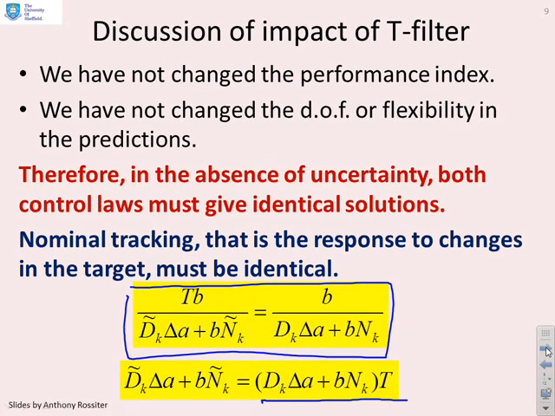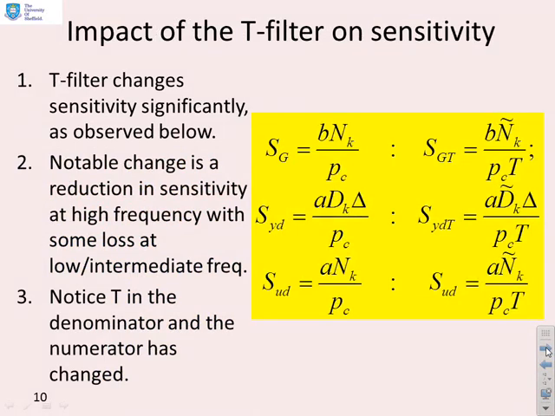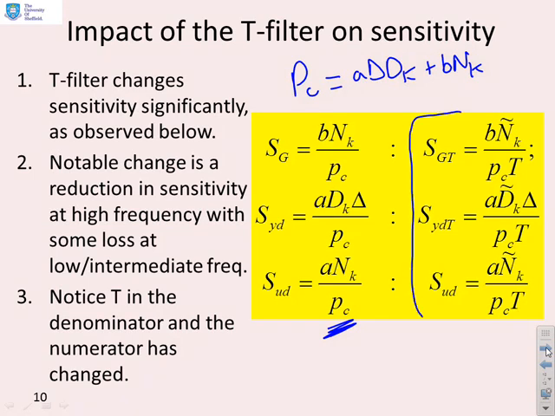Now that observation can be quite useful, because if now I try and calculate all my sensitivity functions, and for Pc I'm going to use Pc equals A delta dk plus B nk, so I've got the same Pc throughout, then if you take my block diagrams and substitute everything in, what you'll notice is the sensitivity functions with the T filter all include this extra T in the denominator.